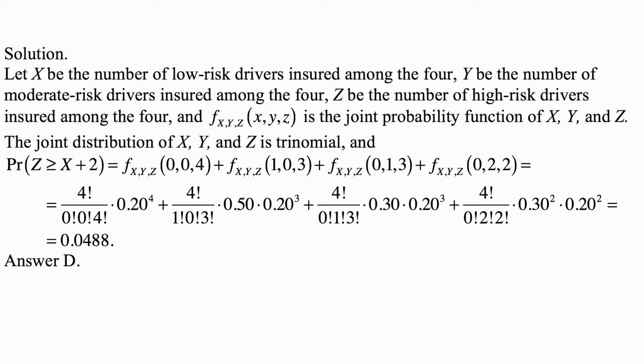And then 4 factorial divided by 0 factorial times 1 factorial times 3 factorial times 0.30 for that 1 moderate risk driver times 0.20 cubed for the 3 high-risk drivers, plus 4 factorial divided by 0 factorial times 2 factorial times 2 factorial times 0.30 squared for the 2 moderate risk drivers times 0.20 squared for 2 high-risk drivers. You can also write 0.50 to the power 0 here, but it's not necessary because that's 1.